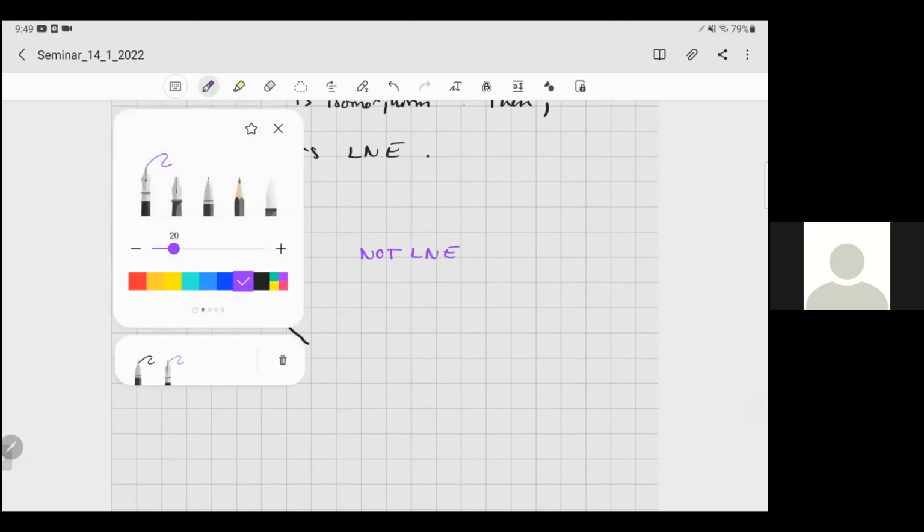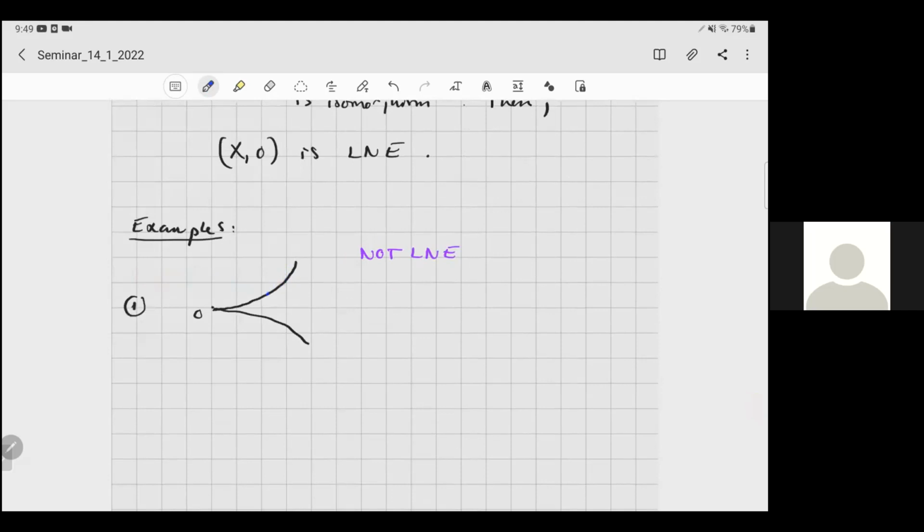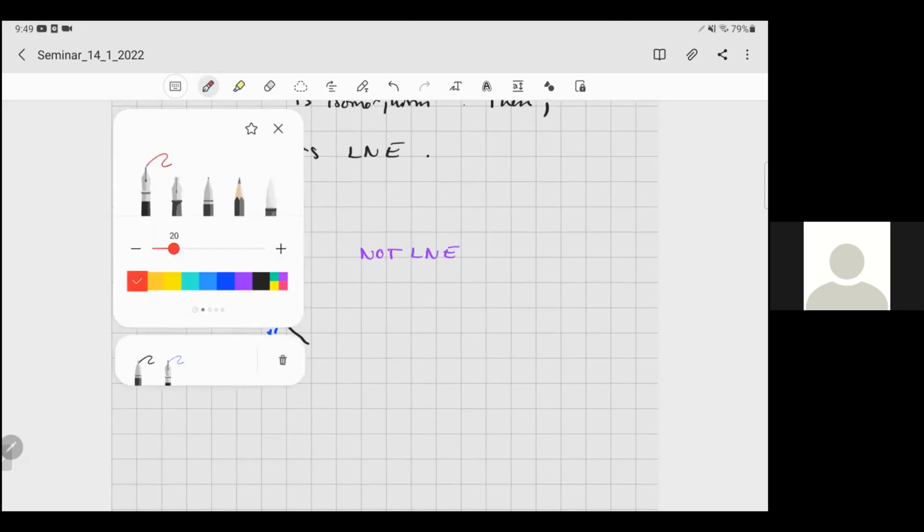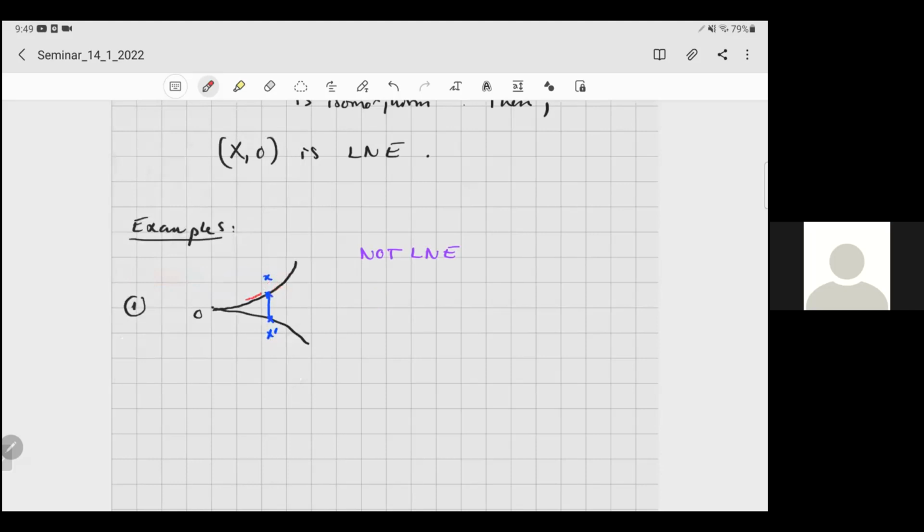Why is it not LNE? Because we take two points here. If we go with the outer metric, we have to go direct like this, right? If we go with the inner metric, we have to go through the origin, in this direction. So then both distances are not bi-Lipschitz equivalent. The inner metric is much bigger than the outer metric, so it's not LNE.